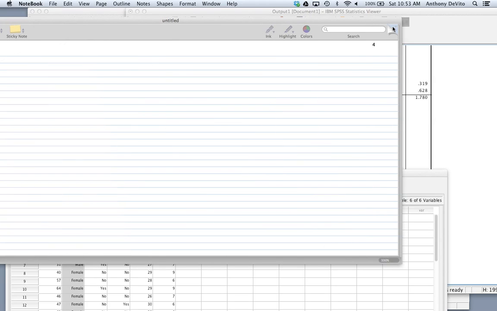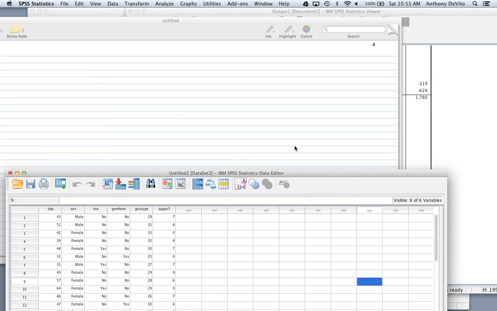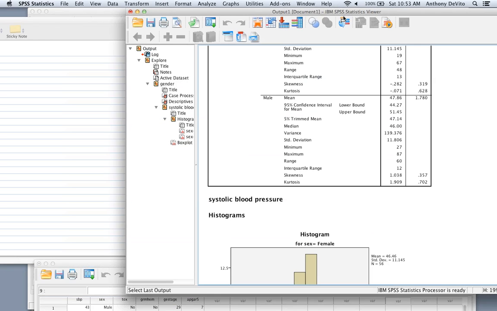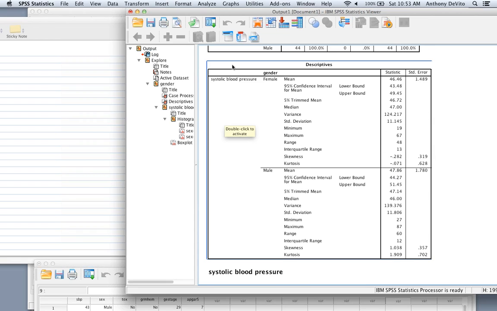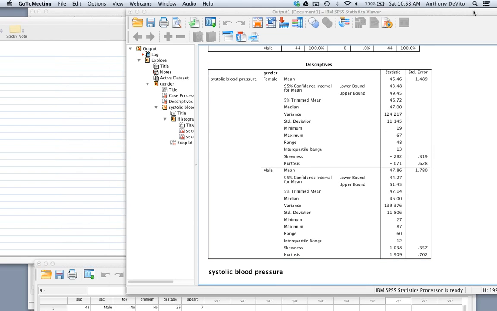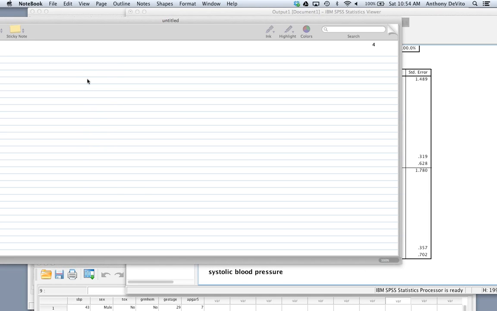Let me see how easily I can do this. Okay, so for female infants, let me get this out of the way and get to the output. For female infants, I can't get this in the window at the same time. For female infants, it was 43.5. I'm going to round it a little bit, make it easy on myself. 43.5 to 49.5.